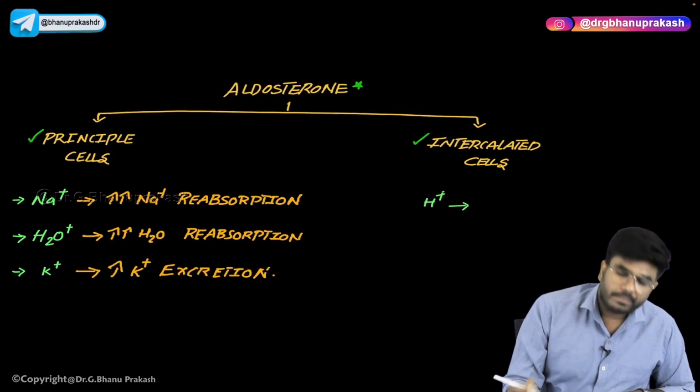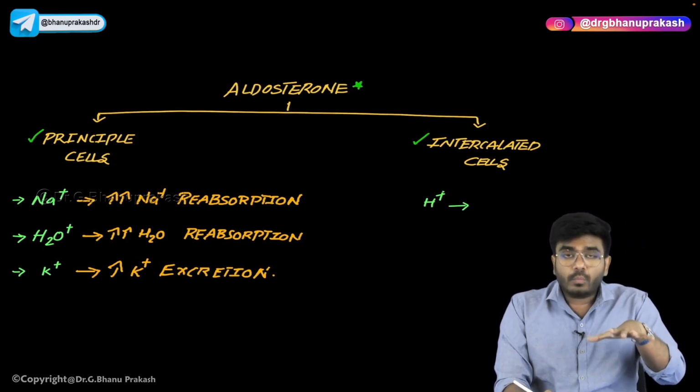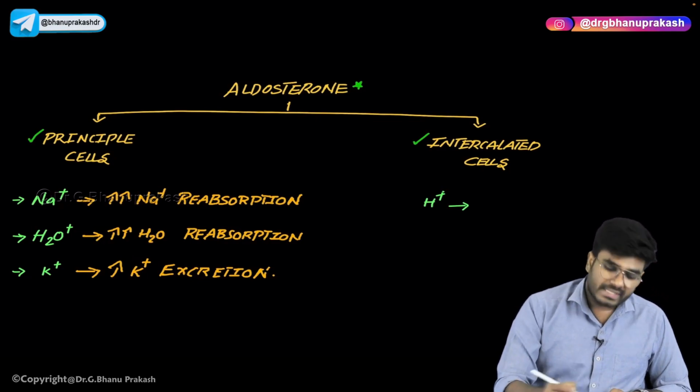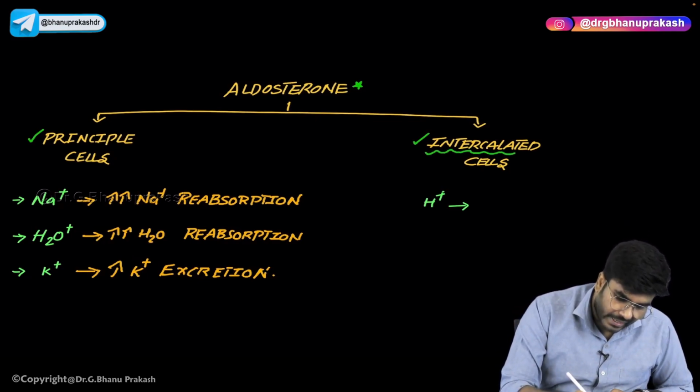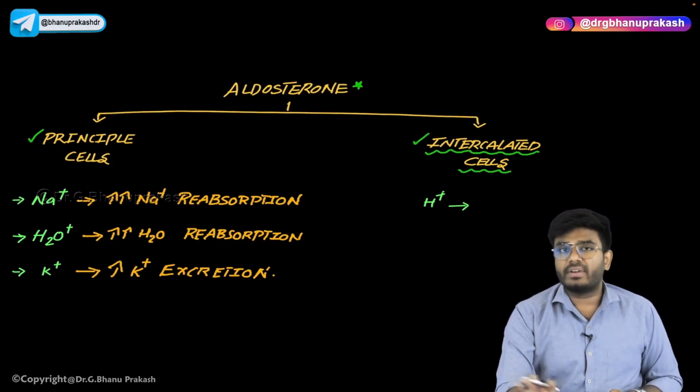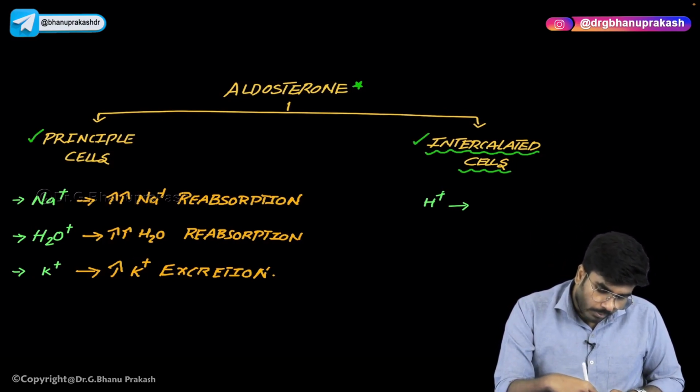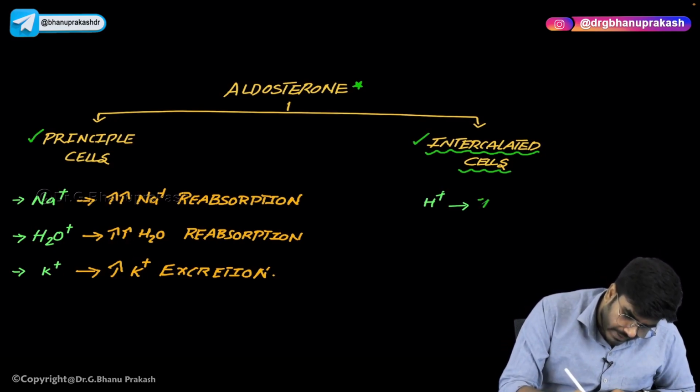So blood levels of potassium will be decreased. Now, what happens if aldosterone is acting on the intercalated cells? These are totally different types of cells which are present in the collecting ducts. If it is acting on the intercalated cells, protons are going to be excreted, it increases the proton excretion.